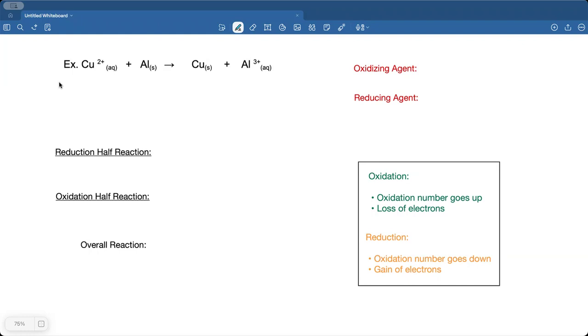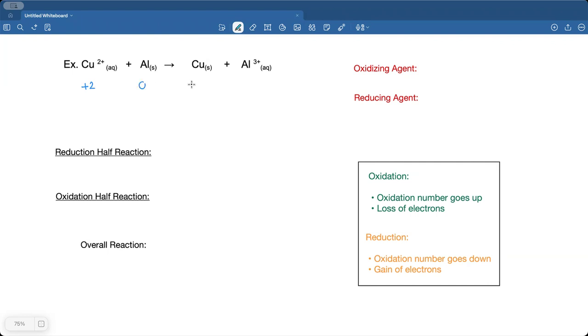In many cases, the oxidation numbers are the same as the charges, but there are cases where the oxidation number is very different from the charge. The example I'm giving here is an easier one, involving just simple atoms and ions, so the oxidation number happens to be exactly the same as the charge. For example, copper here has a charge of +2, so the oxidation number is also +2.